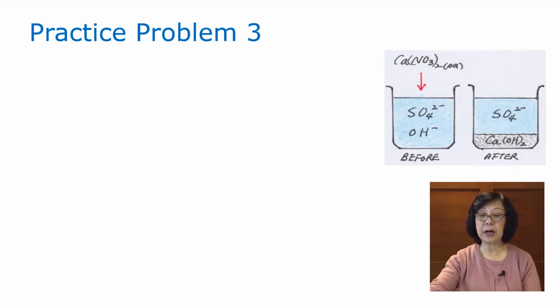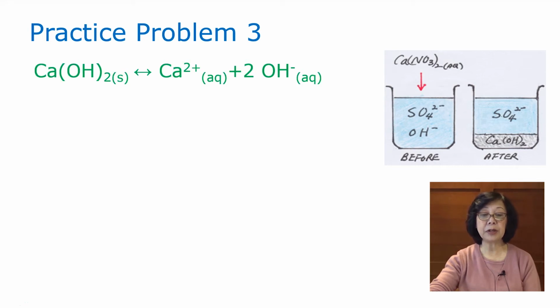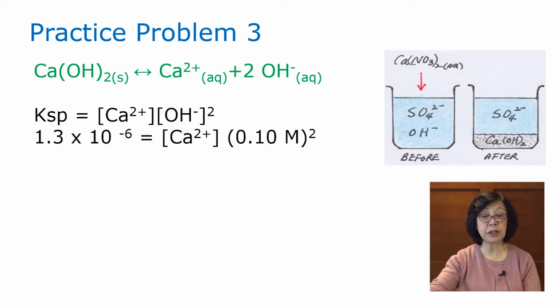So here's a picture. I have my initial beaker of 250 milliliters containing 0.1 molar of sulfate and hydroxide. I'm adding the calcium nitrate. So let's write the equation for the dissolving of calcium hydroxide and write the KSP expression.